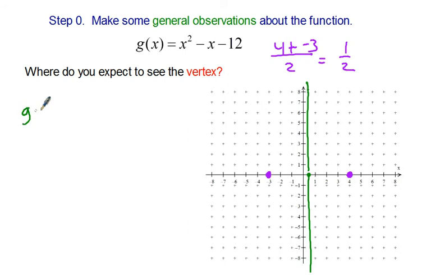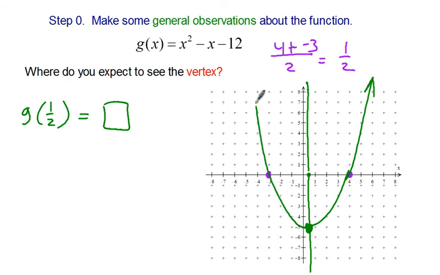And if we actually plug that value in, we should be able to get the vertex. G of 1/2 equals some number. I won't take the time to compute it, but that would give us the vertex. And then we have a very clear picture of what the graph looks like from there. And in fact, we should be able to use that to determine that the graph is decreasing up to the vertex and is increasing away from the vertex.